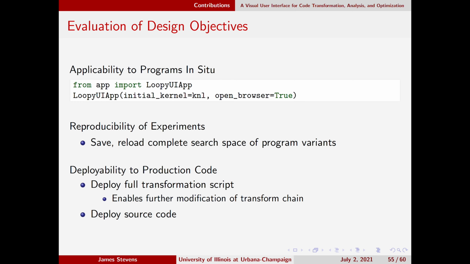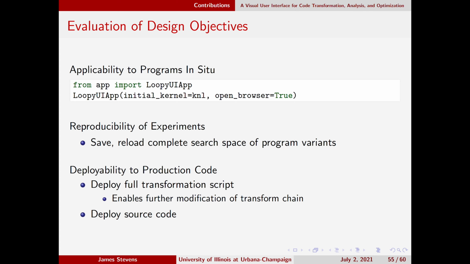Programs generated within a larger code library may result from complex machinery, making them difficult to reproduce as a standalone code, including through this kind of interface. So we enable in-situ exploration of these programs by importing them as is directly into the interface using the simple function call shown here.